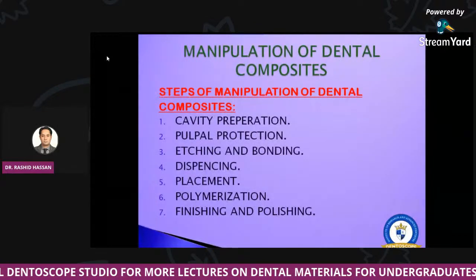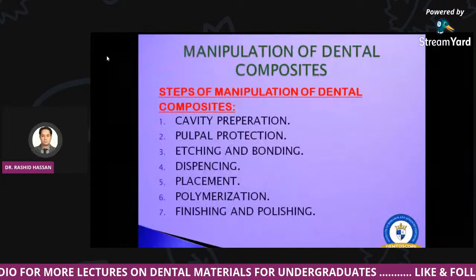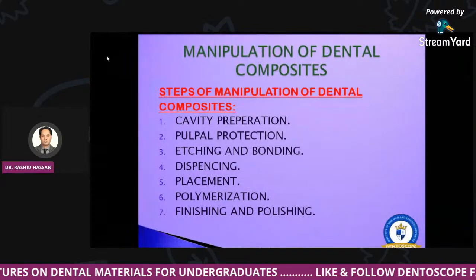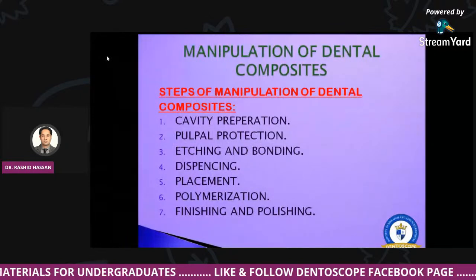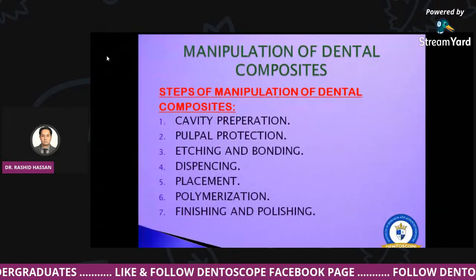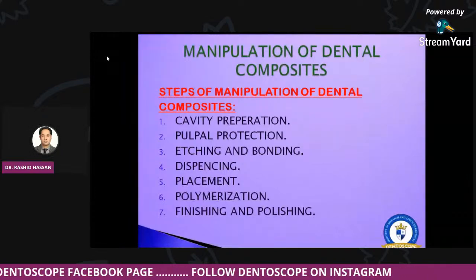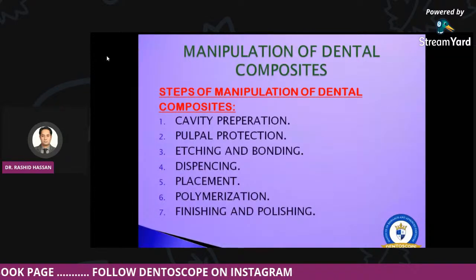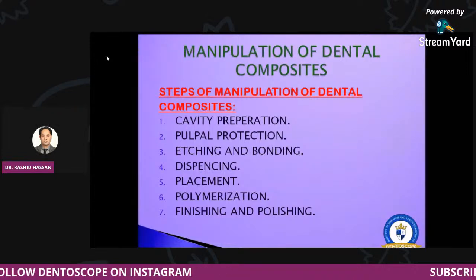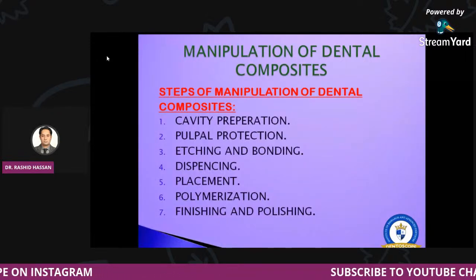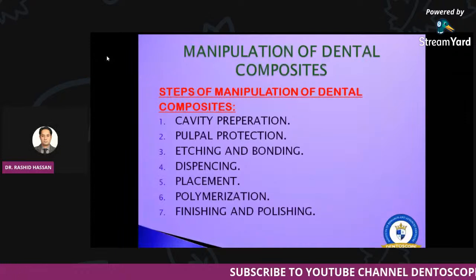So you have to etch the tooth with phosphoric acid, and then clean it up. It gives a chalky white appearance, and then you apply the bonding agent, and then the tags are formed, and then you insert the dental composite. So etching is the main method by which dental composite binds with the tooth structure.